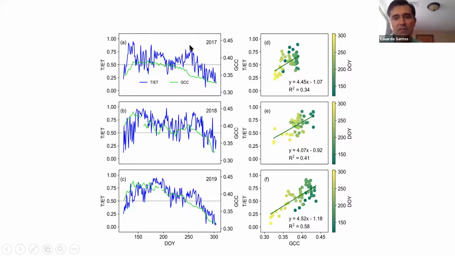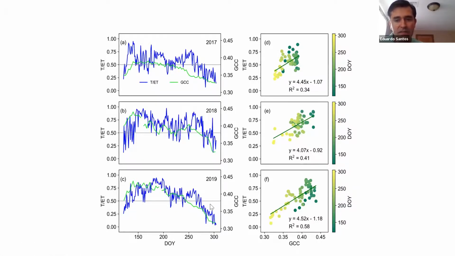Some of the noise here is just noise from the map. But 2019 was pretty wet, so most of the evapotranspiration is actually coming from plant transpiration.